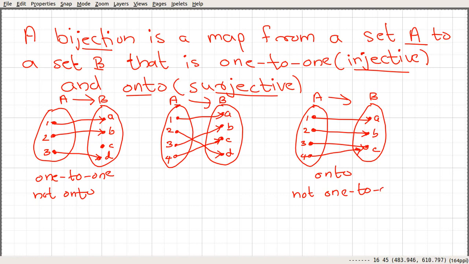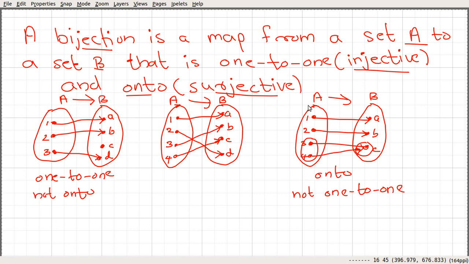This third map is not one to one, because here we can see that if you consider this particular element C of B, two distinct elements, here 3 and 4, of A get mapped to this element C, and because of that reason, this map is not one to one.